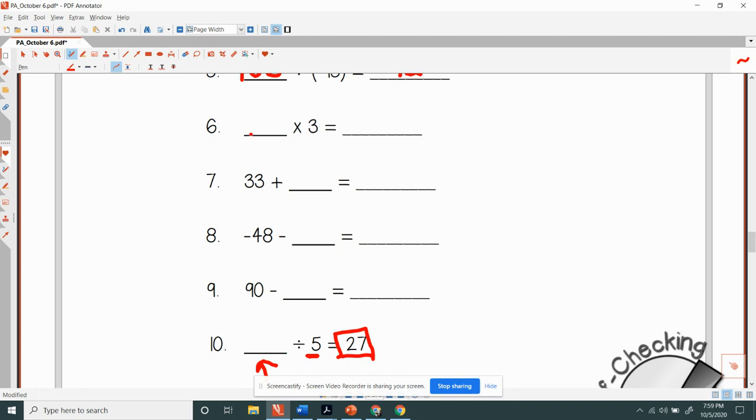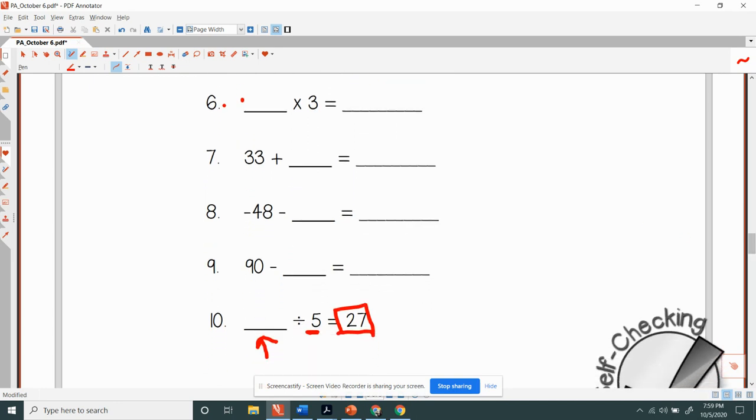Okay, did you try them on your own? I hope so. So where did we end up? We're at number 6. We have to take this negative 12 and we have to put it here. Negative 12 times 3. So a negative times a positive, negative 36. So now we put the negative 36 here.